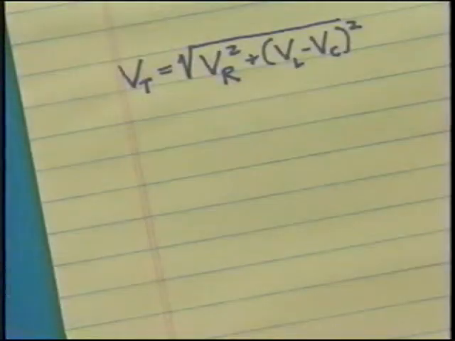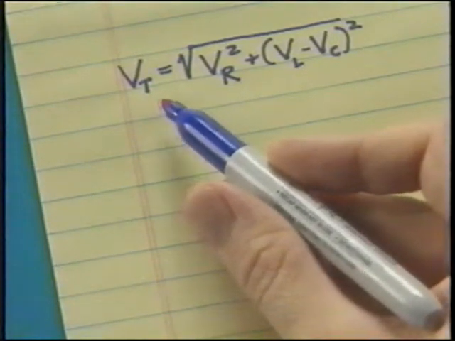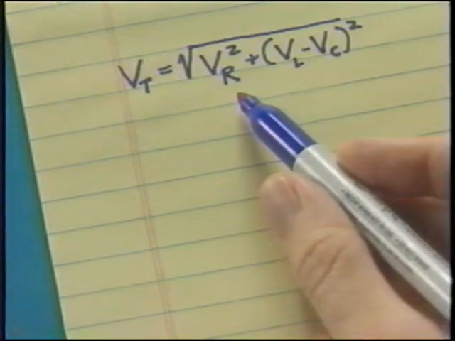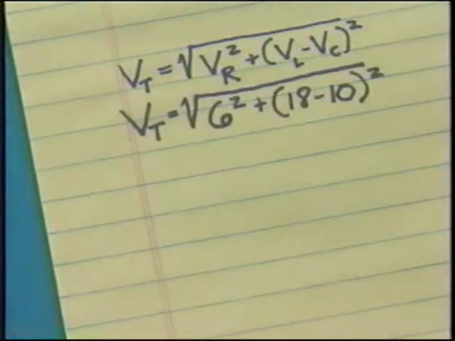From this information, let's confirm the total circuit voltage for this example RLC circuit. Recall that the total circuit voltage, V sub T, is equal to the square root of V sub R squared plus the square of the quantity V sub L minus V sub C. Substituting the example values yields V sub T equals the square root of 6 squared plus the square of the quantity 18 minus 10.